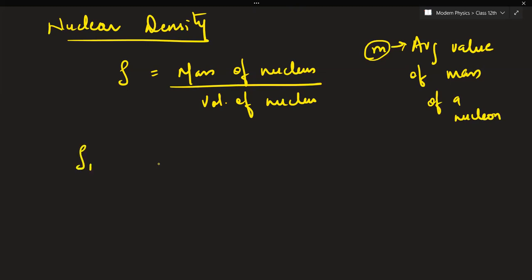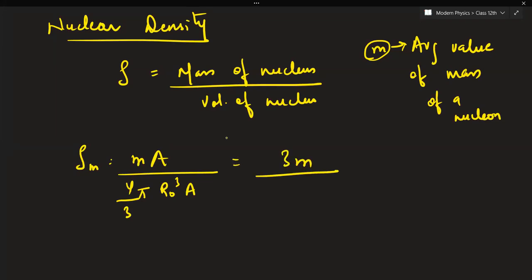So nuclear density will be written as the mass of the nucleus, the average mass of a single nucleon multiplied by the mass number A, over the volume, 4 by 3 pi r cube. r cube will be r naught cube A, as we have just seen. So this becomes 3m by 4 pi r naught cube. Look here, A got cancelled. There is no A in your answer.